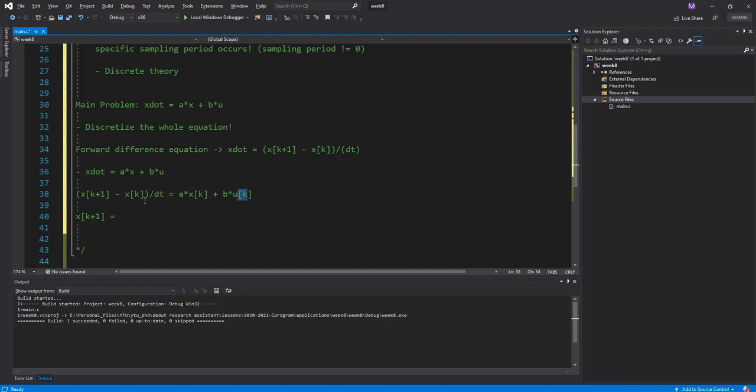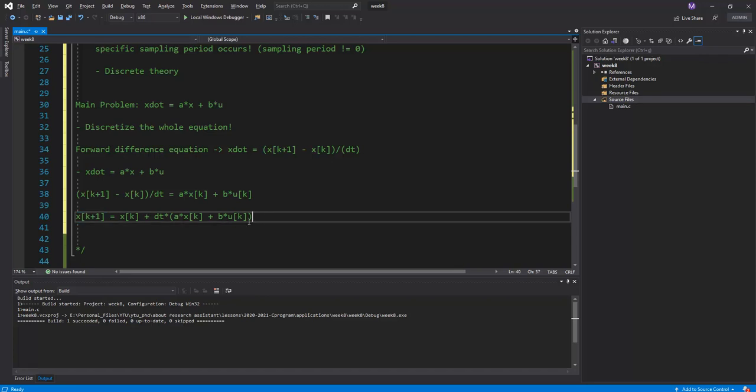And so if we calculate these things in here, like this one, x k plus dt times a times x k plus b times u k in here, and so if we have the u k and x k value for given a and b parameters, we can calculate the x k plus 1 value.